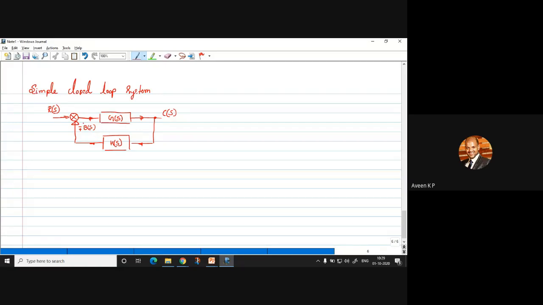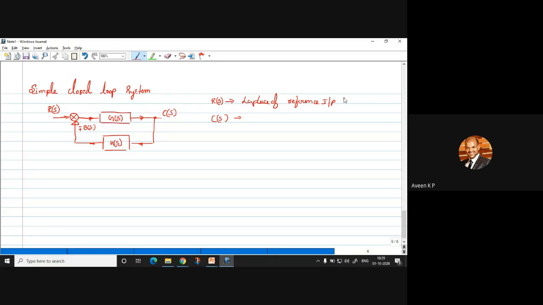So what does this R of S? R of S, that is S domain, as I said, this is Laplace of a reference input. Similarly, I will write for C of S. C of S is nothing but the Laplace form.